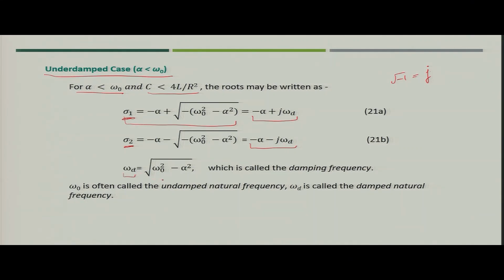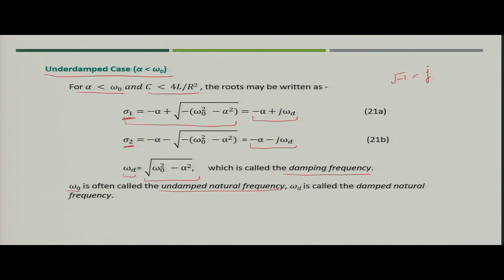What is omega d? Omega d is the square root of omega naught square minus alpha square. Since omega naught is greater than alpha, this factor will always be positive. That is why we have taken minus 1 out. This omega d is the damping frequency, and omega naught is the undamped natural frequency.